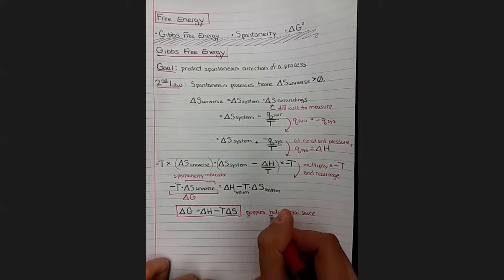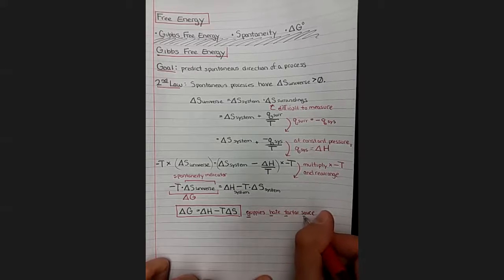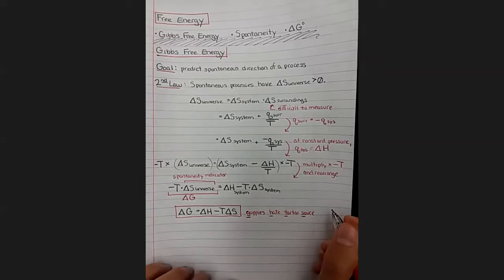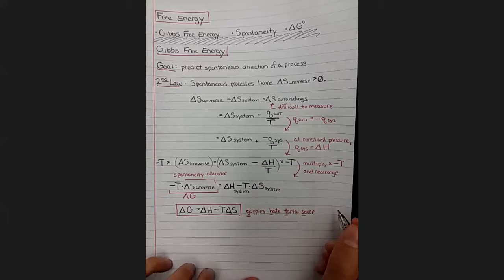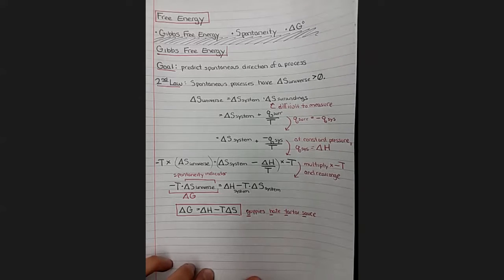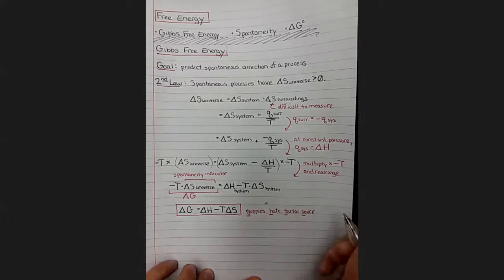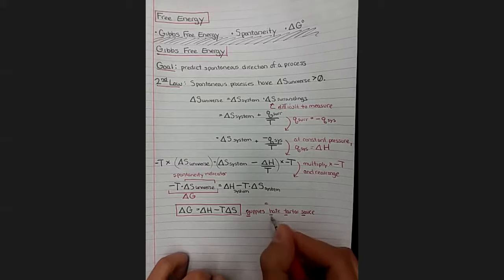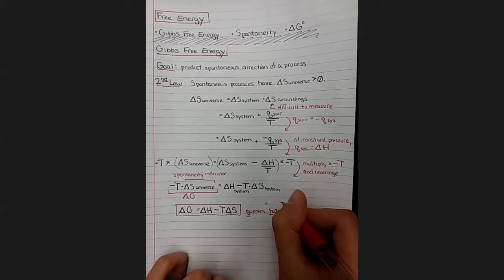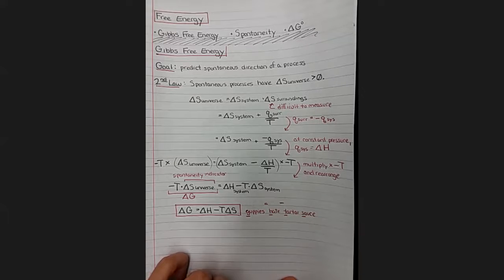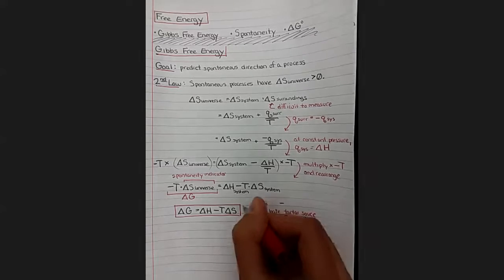There were no promises that these were going to be reasonable. This is a Lawrence tradition. Delta G equals delta H minus T delta S, Guppies hate tartar sauce. And don't forget, the equal sign goes between Guppies and hate, and hate is a negative feeling. So this is going to be a minus sign, minus T delta S.